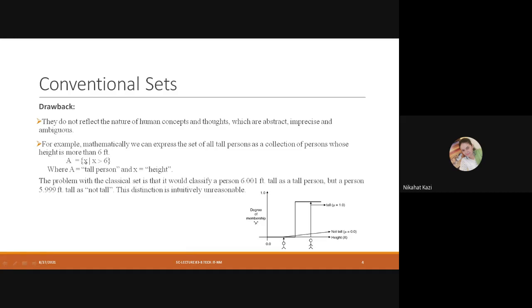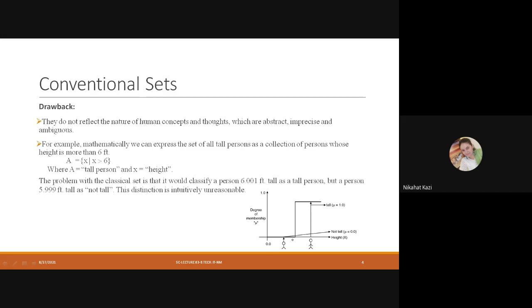So if A is a set of tall people, on the basis of height you're going to classify that person as tall or not, right? If you go for the conventional or classical set to represent the same, then if you try to visualize it, this kind of membership function is formed for a classical set.